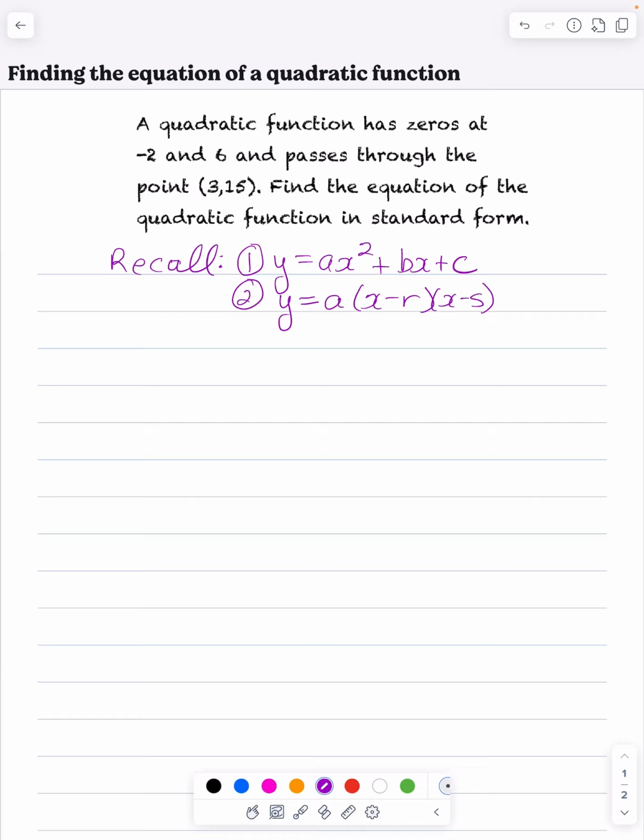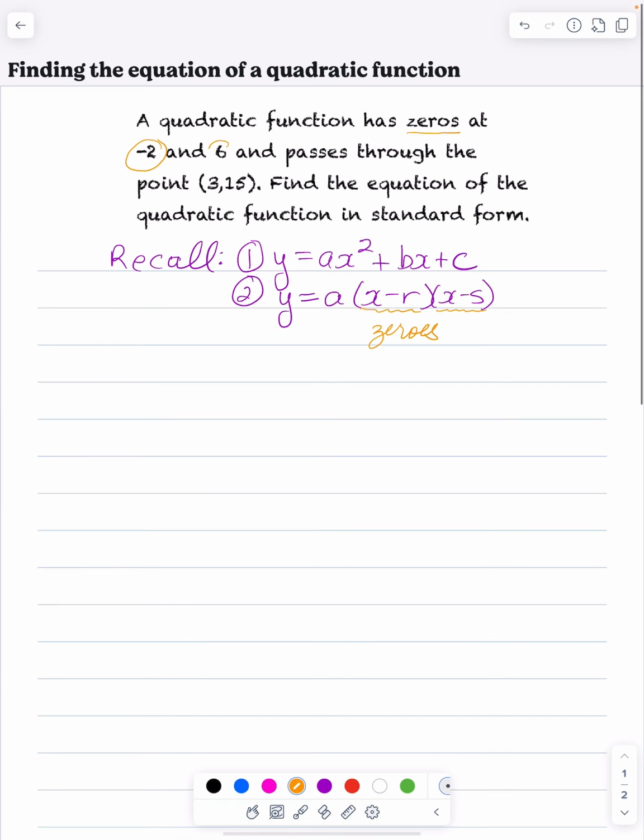And what this does is that once you're factored, these two give you the zeros. We are given the zeros in the question. The zeros are at -2 and 6. So we are going to use this information and work backwards.